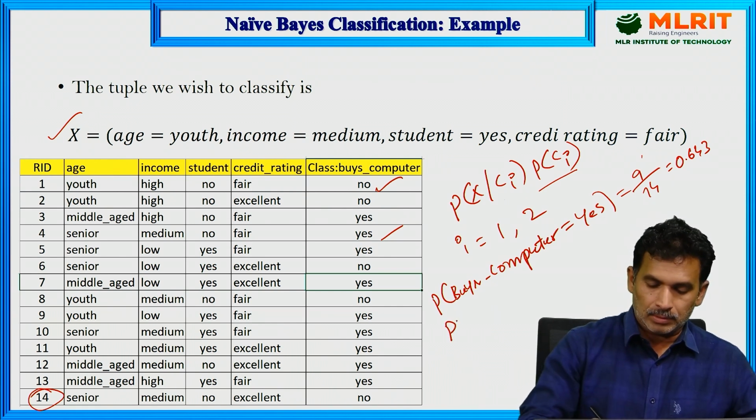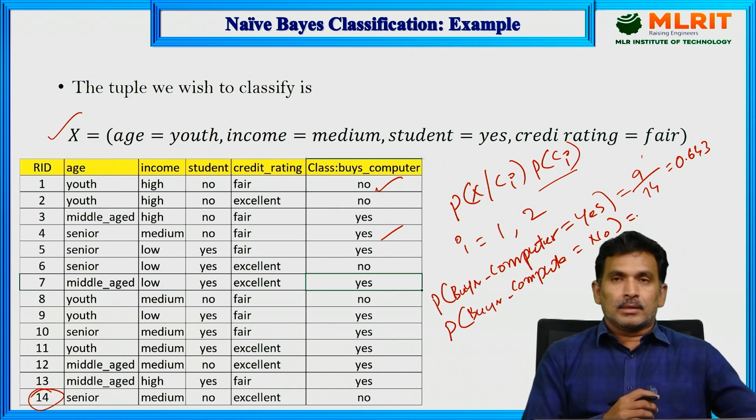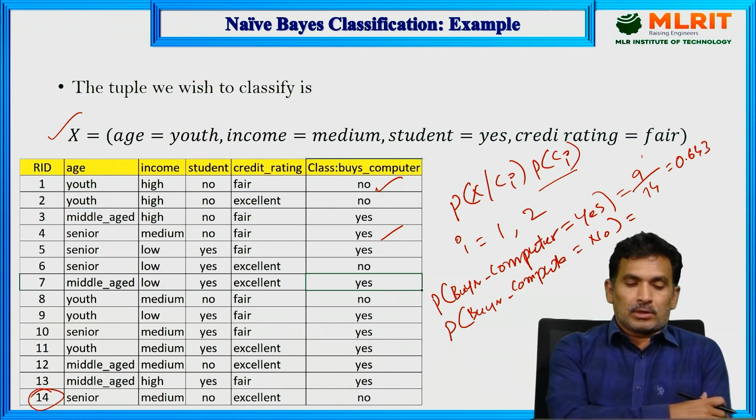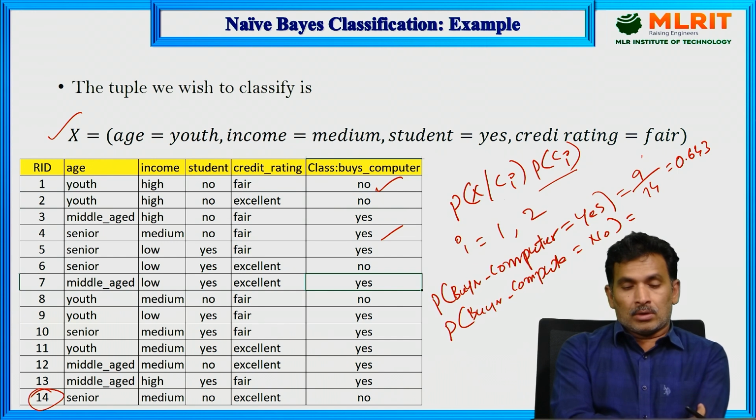Similarly, we calculate for i equal to 2, the second category, that is probability of buys computer equal to no. How many are with the label no?